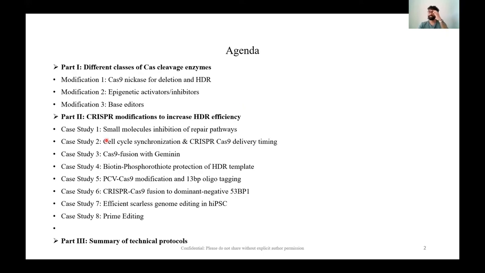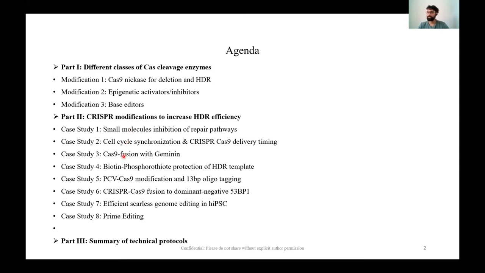So the agenda of the meeting is already shared. We'll first talk about different classes of Cas cleavage enzymes, right? The modifications, for instance, epigenetic activators, base editors. We'll then move on to specific modifications that will help you increase the HDR efficiency in your primary cells. I've listed kind of a history of that.